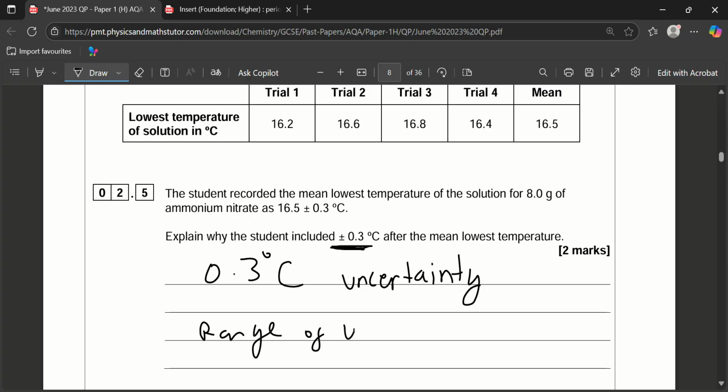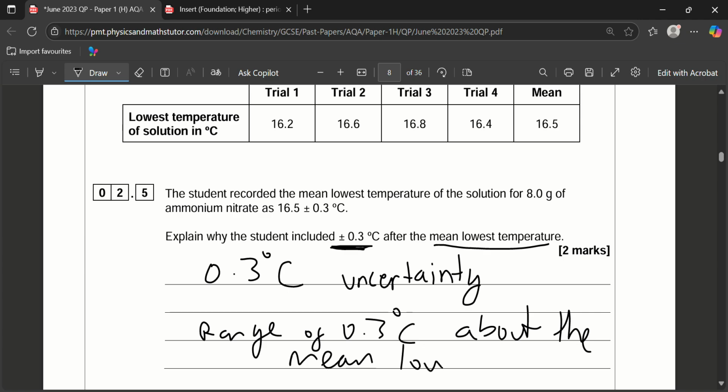And what we mean by it is that there is a range of 0.3 degrees C around the mean lowest temperature. About the mean lowest temperature. And that will give you your second mark.